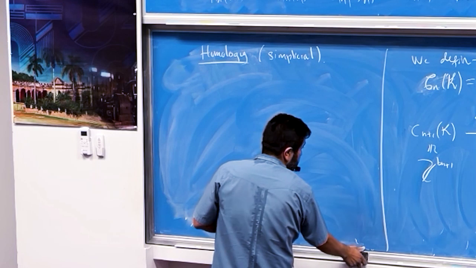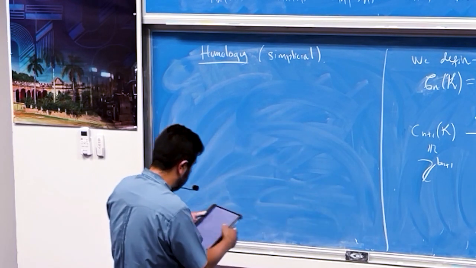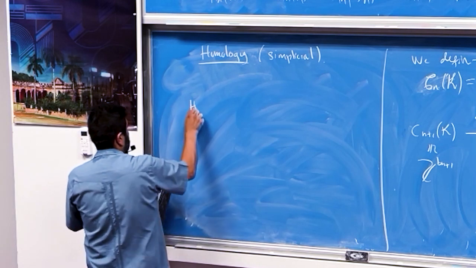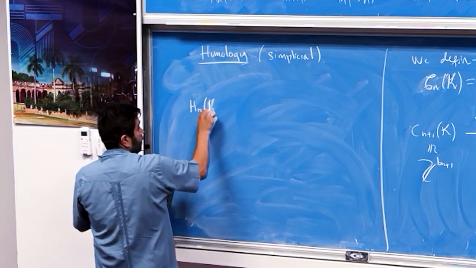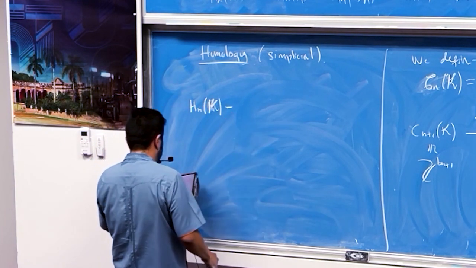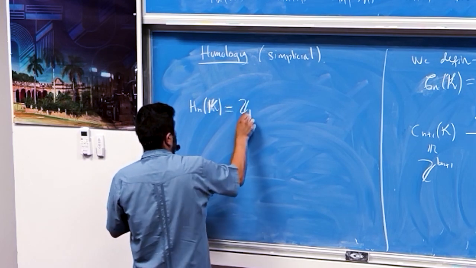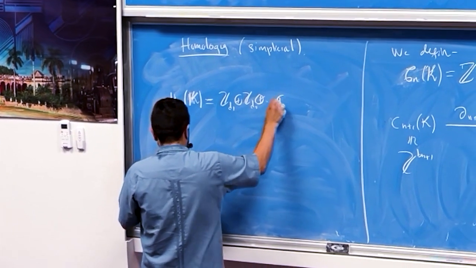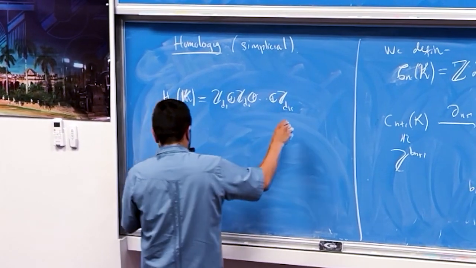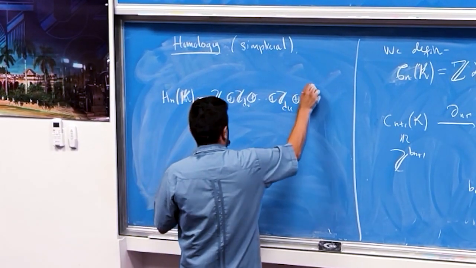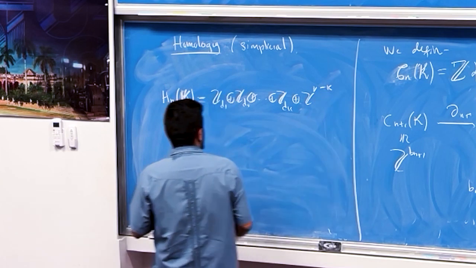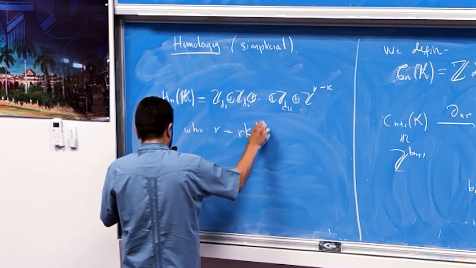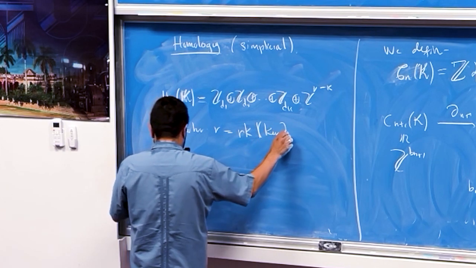And so once you have that, then you just know that H_n(K) in that case is going to be Z/d1 plus Z/d2 plus ... Z/dk plus Z^{r-k}, where r is the rank of the kernel of ∂_n.